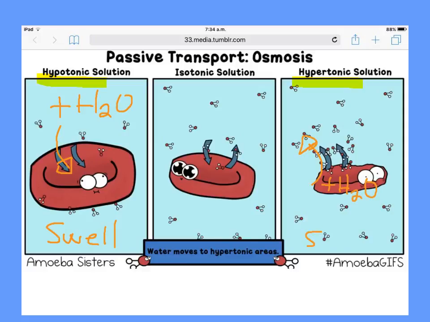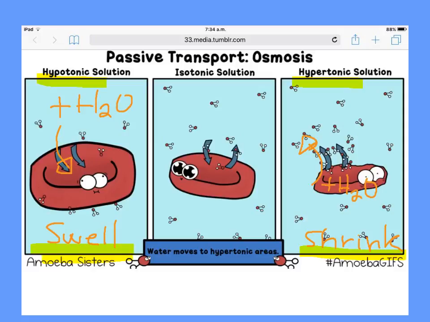In other words, being little. For the translation, it means encogerse. Now remember, hypotonic solution will always cause the cell to swell. Hypertonic solution will always cause the cell to shrink.